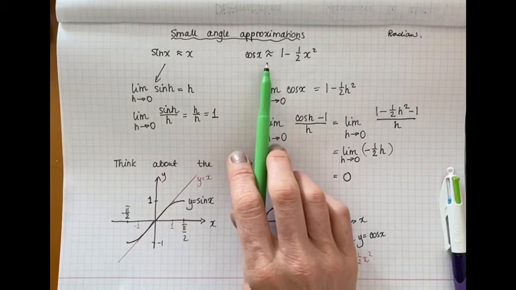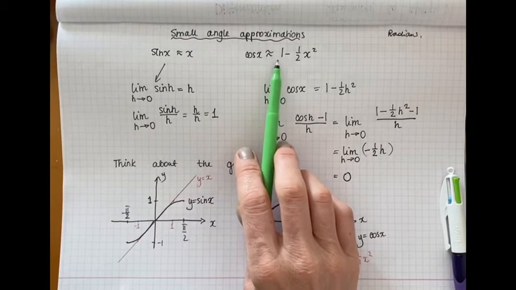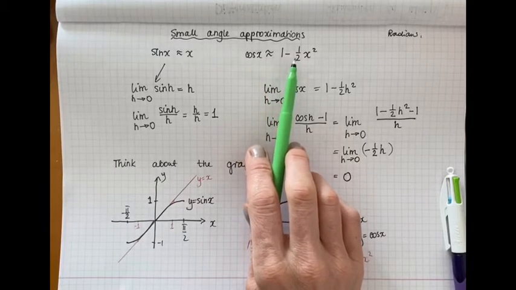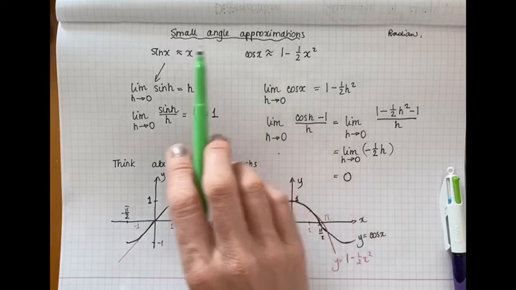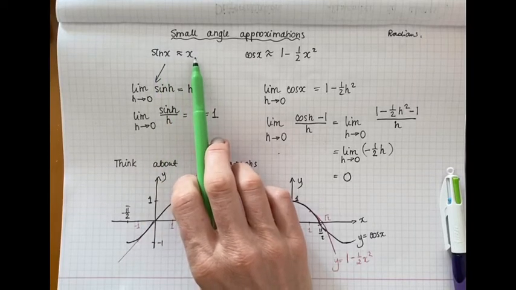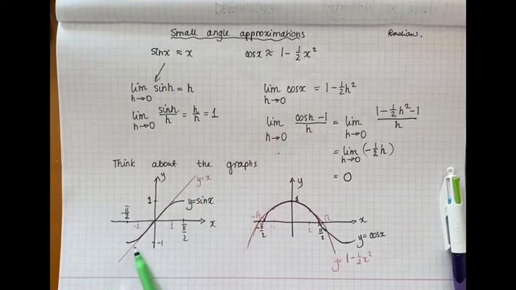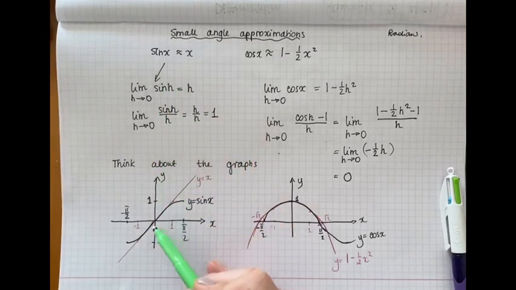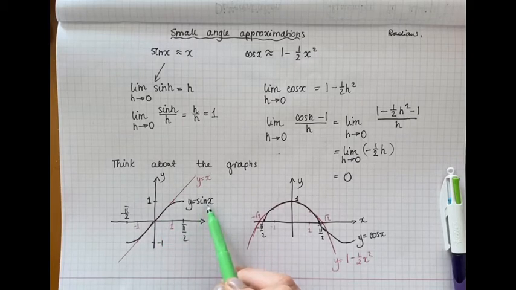Cos x for small values of x is approximately equal to 1 minus a half of x squared. If you think visually about graphs, if you were to sketch sine x and the line y equals x for very small values of x, as I've done over here, the closer you get to the origin, that line will pretty much overlap the graph y equals sine x.